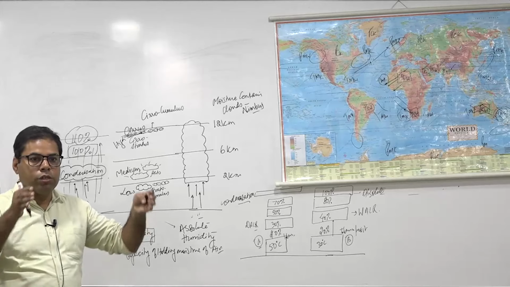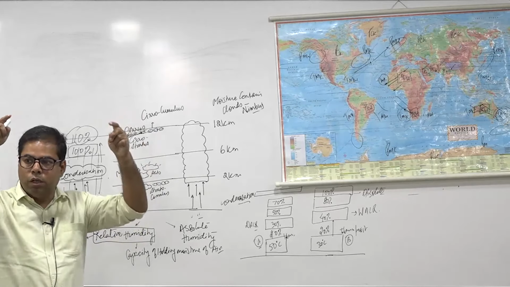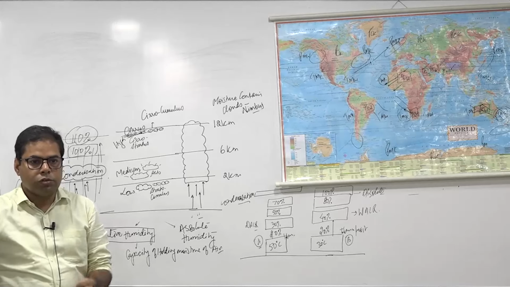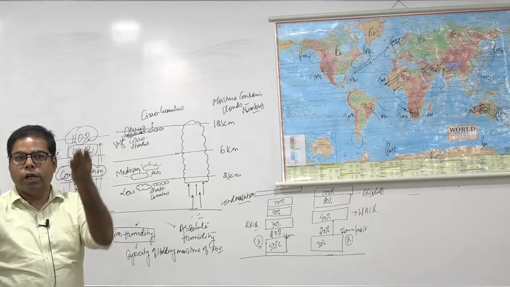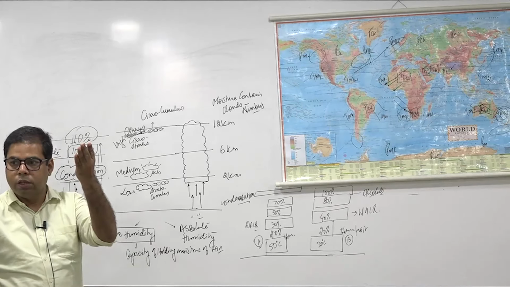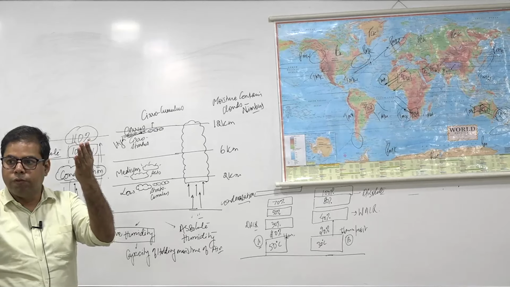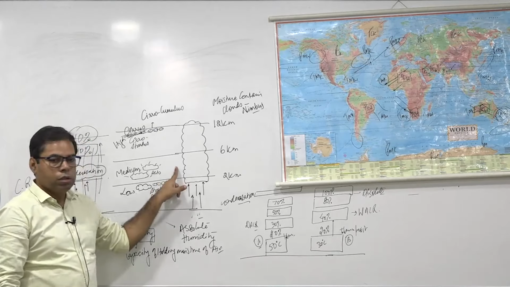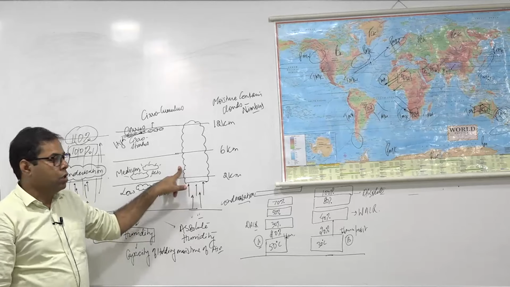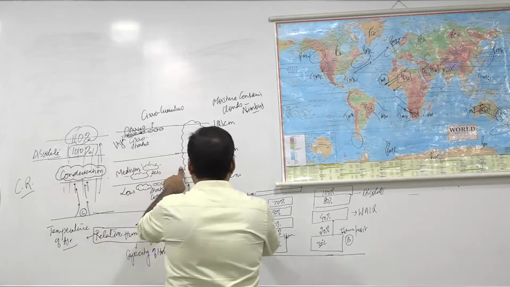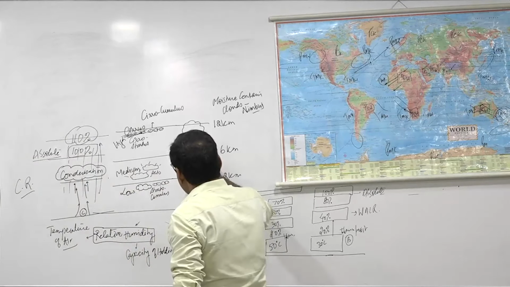Flat base, cotton shape, vertical formation is the result of strong vertical ascending of wind, air. So that is responsible for the shape. Cumulus.